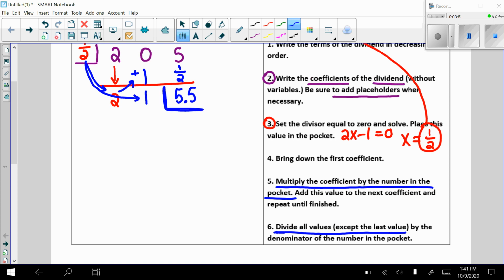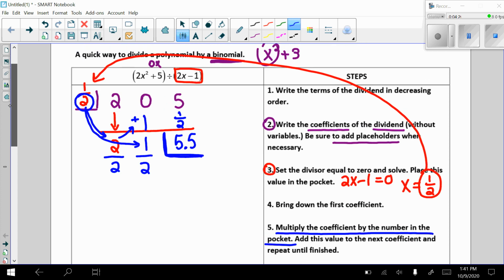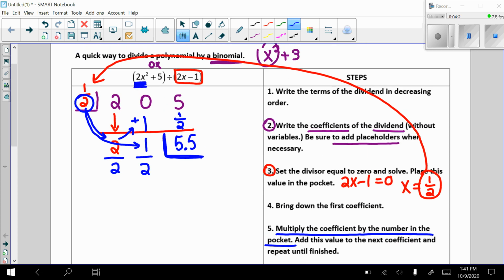So we divide all of the values by the denominator of the number in the pocket. In other words, we have a 2 here, so I'm going to divide this value by 2 and this value by 2. Now, because we have divided out a power of x, and if you remember, we started with 2x squared, this value, 2 divided by 2, which is 1, will actually give us 1 degree less than what we started with.